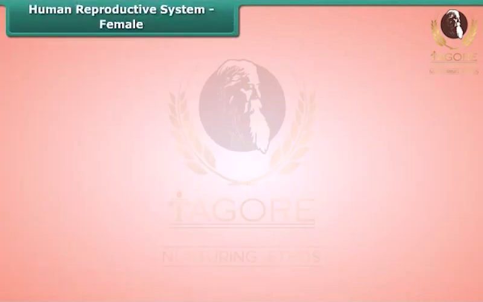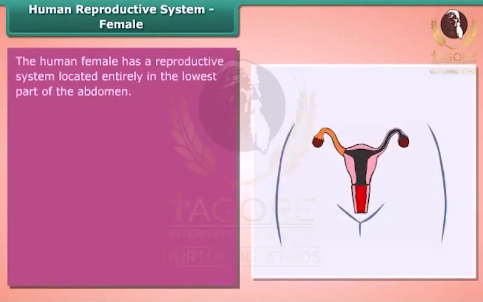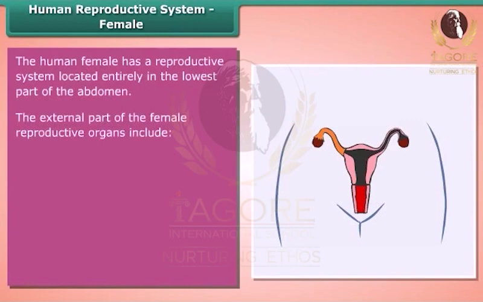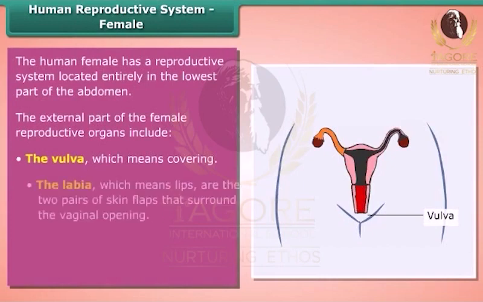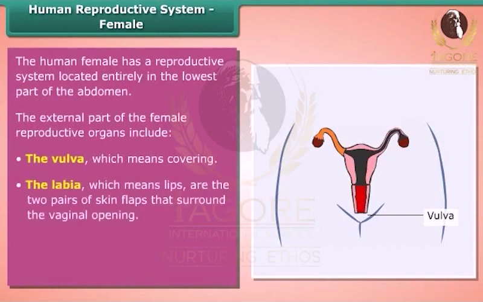Human reproductive system. Female. The human female has a reproductive system located entirely in the lowest part of the abdomen. The external parts of the female reproductive organs include the vulva, which means covering. The labia, which means lips, are the two pairs of skin flaps that surround the vaginal opening.